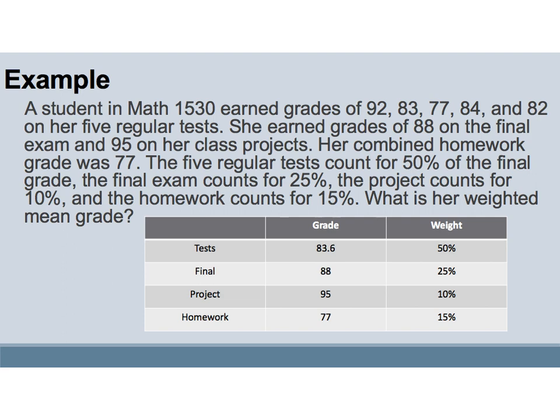So if I make a little table, test, final, project, homework, I've got my grades down there. The only thing that's a little different is in tests, I've got 83.6. Well, that is the average of those tests. So I took 92, 83, 77, 84, 82, added them up, and divided by 5. Because my weight was for the average of my tests.